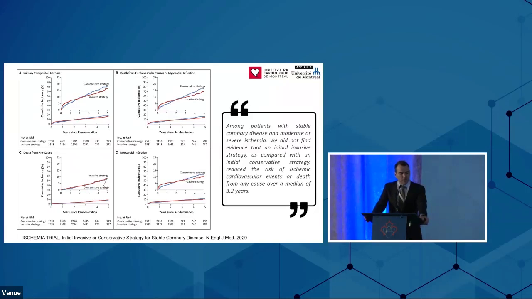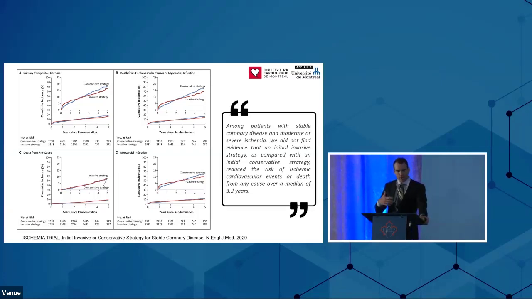We looked at trials like the ISCHEMIA trial that was published 4 years ago, showing no benefit in patients with stable coronary artery disease and moderate to severe ischemia. There was no benefit to revascularize these patients. They were doing just as well with medical therapy. You can argue that the study was not perfect.